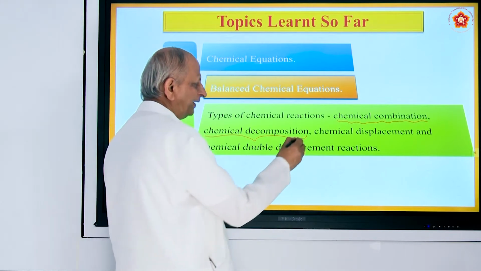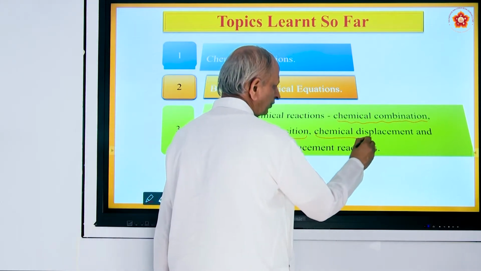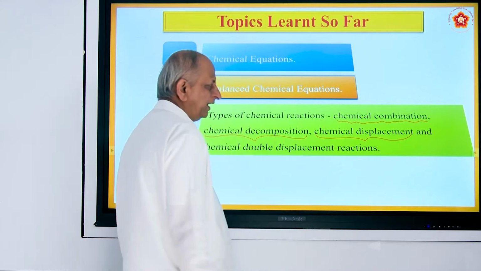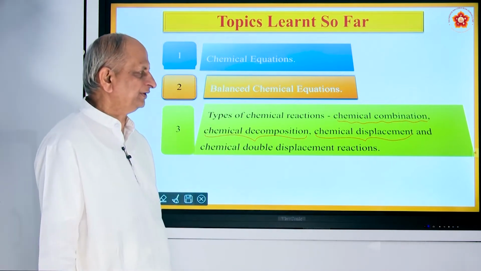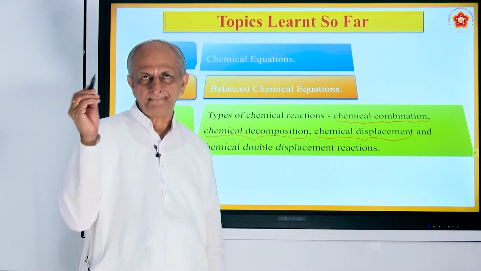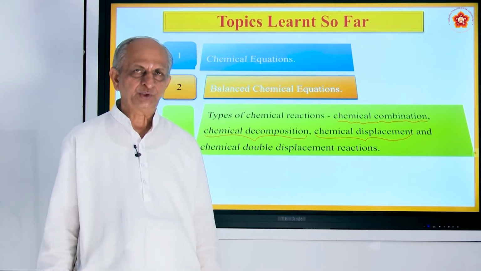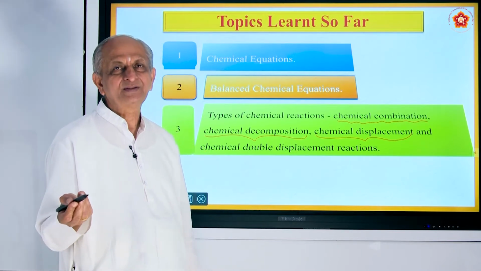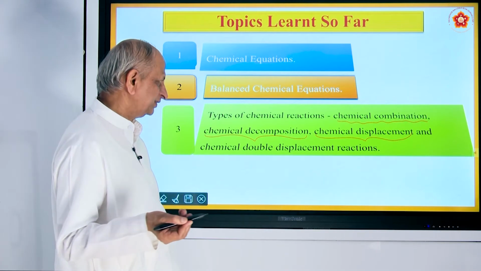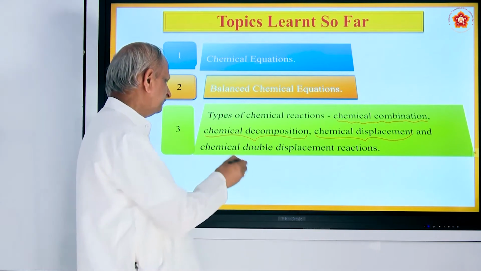Chemical displacement: one metal reacting with the compound of the other to displace another metal. It is called chemical displacement.